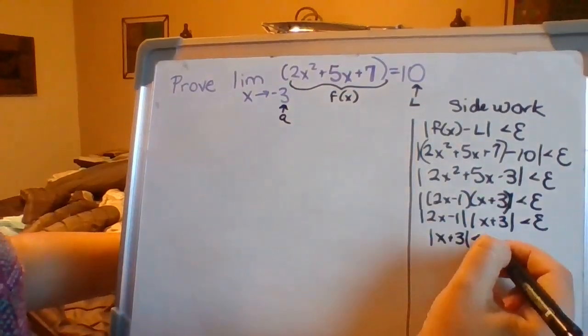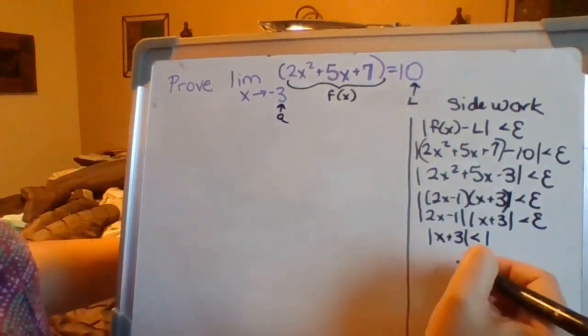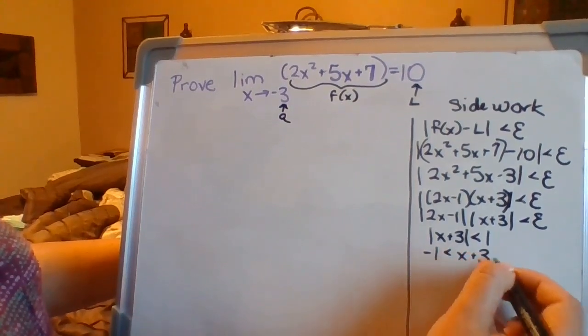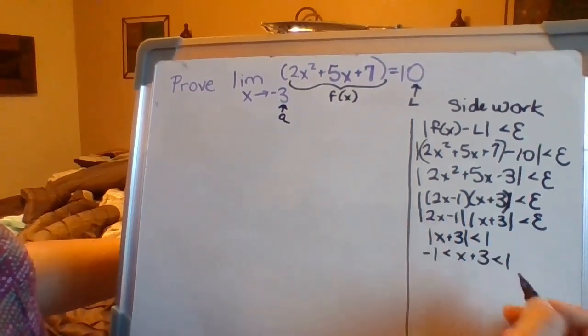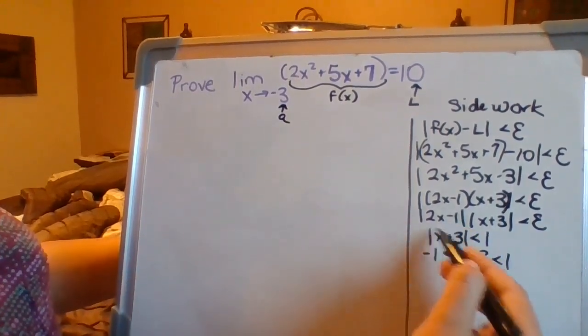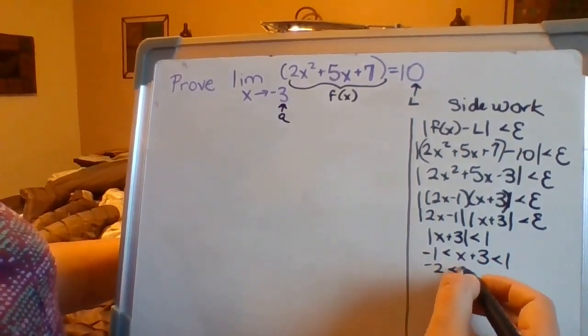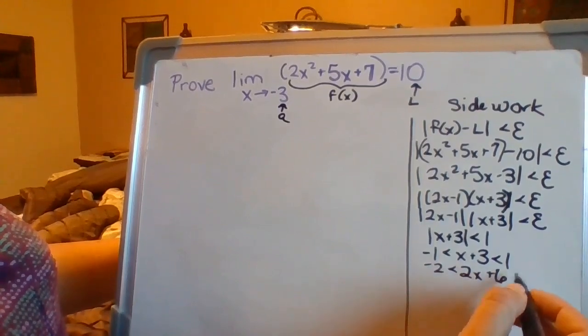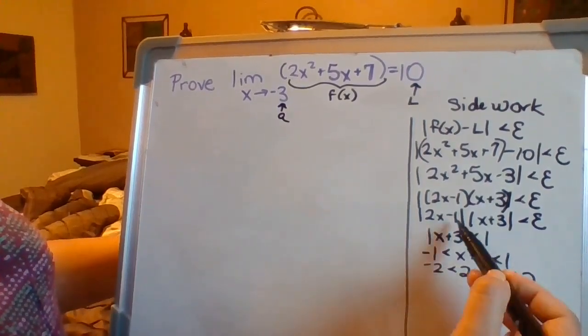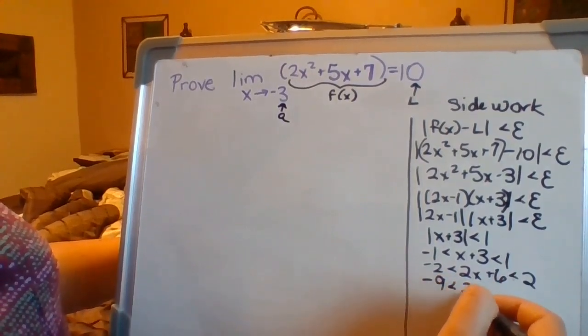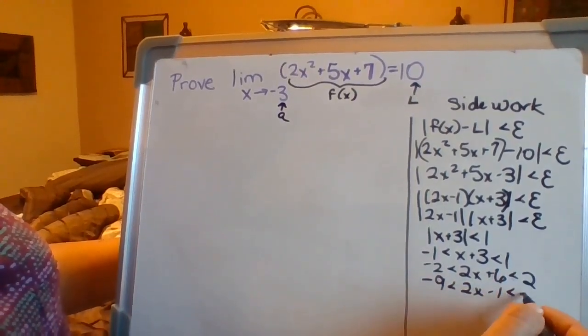So if we say 1, it's less than 1. That'll be pretty small. Let's do the math on this. Then I told you that we're going to use this one to kind of make one for the other one. So I'm going to get to 2x minus 1. All right, multiply everything by 2. So I end up with 2x plus 6 is less than 2. Then to get to -1, I need to subtract 7, so I'm going to subtract 7 everywhere. 2x minus 1, -5.